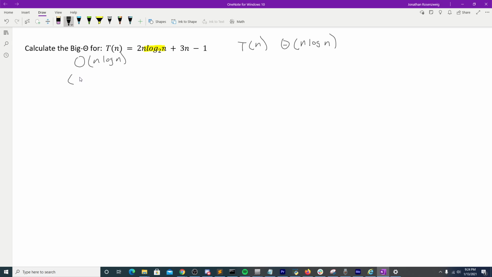So I'll choose c equals 3. And then we'll write down our definition of O of n, which in this instance will be 3n log n is greater than or equal to 2n log n plus 3n minus 1. And then for all n greater than or equal to n naught.